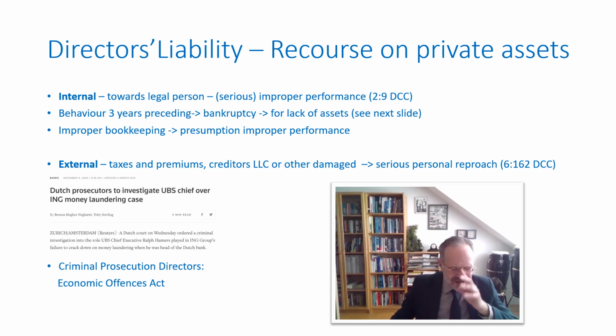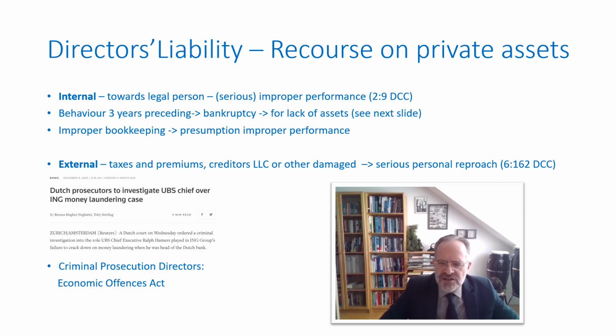If we go to the external liability, you must always realize that when your company is in financial problems, you must immediately notify the tax authority and the instances which collect premiums for the social securities, because if not, and it turns out that the company goes bankrupt and is unable to pay taxes and premiums, you may be held personally liable for it. You can also, as a director of a company, damage creditors or damage other third parties.